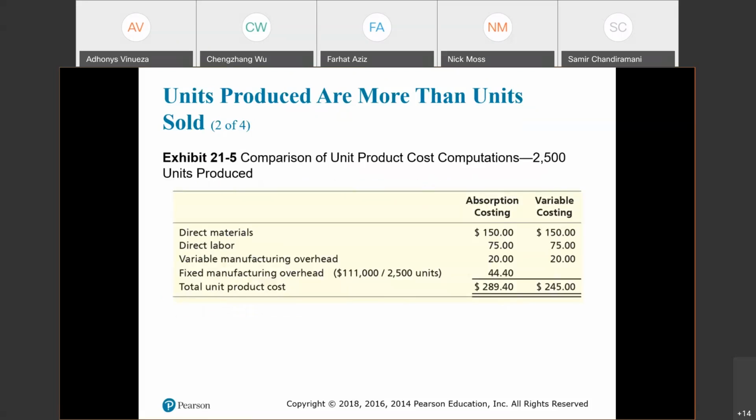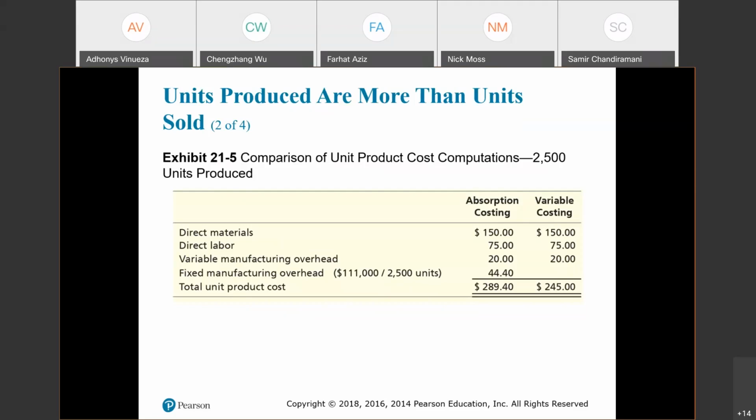That is because the unit cost under absorption costing is greater than the unit cost calculated using variable costing. Well, because absorption costing includes the fixed manufacturing overhead per unit, whereas variable costing does not.